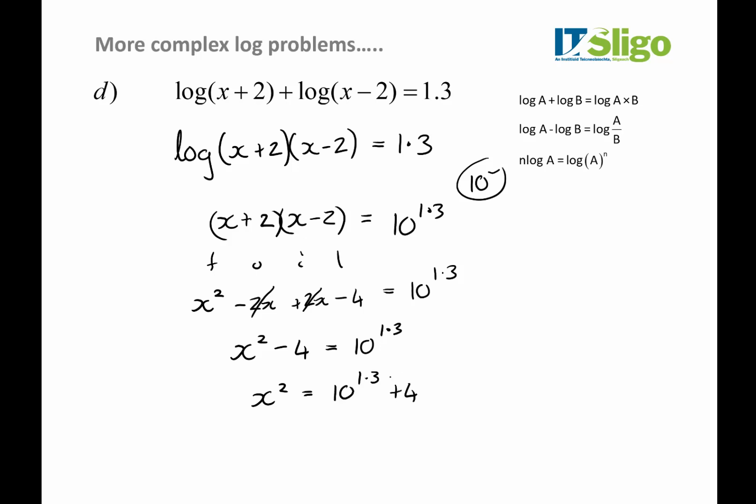And finally then, I can get the square root. Remember, don't be too keen to dive for the calculator straight away. It's much more professional to only do your calculation at the very, very end, because you're only rounding once. If you keep hitting the calculator at each stage, you might have 4 or 5 roundings by the time you get to your answer, which will have an impact on your accuracy.